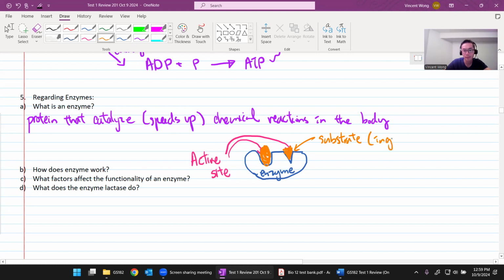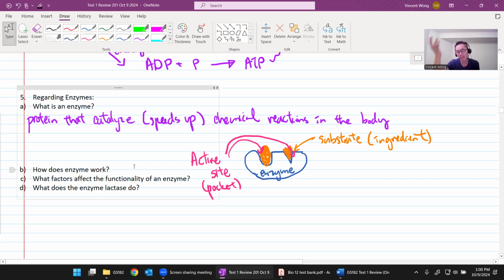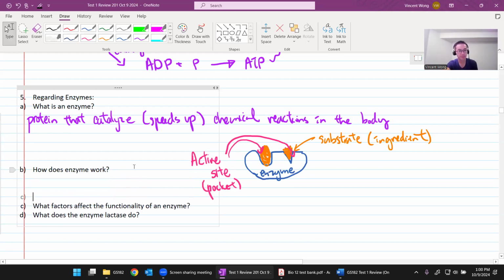It's the ingredient. When we did lecture 5, we talked about substrate level phosphorylation. That's an example where enzymes are needed, but enzymes are needed for all the reactions.